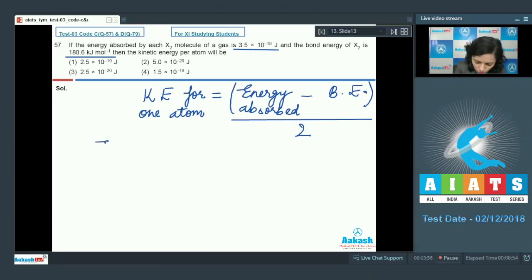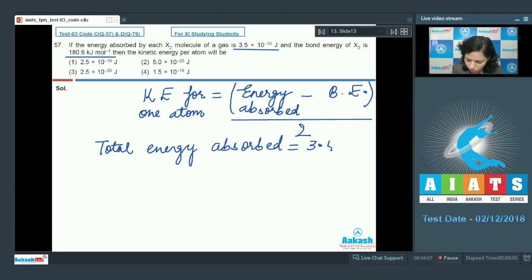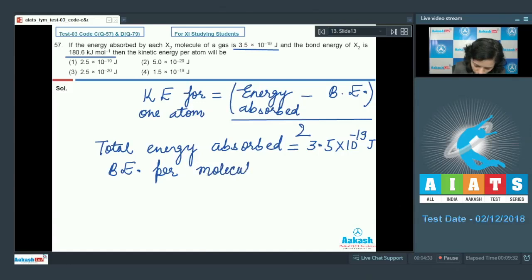So first, let's check what is energy absorbed here. That is the total energy absorbed per molecule. It's clearly given in the question, that is 3.5 into 10 raised to the power minus 19 joule. But if we talk about the bond energy, per molecule, it would be equal to 180.6 kilojoule per mole.